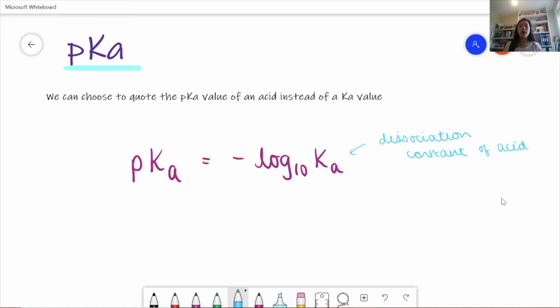And so to get Ka in terms of pKa, you would have to do Ka is equal to 10 to the power of minus pKa. And so from this, we can see that if we have a very strong acid, stronger acids have a larger Ka value, as we've learned.